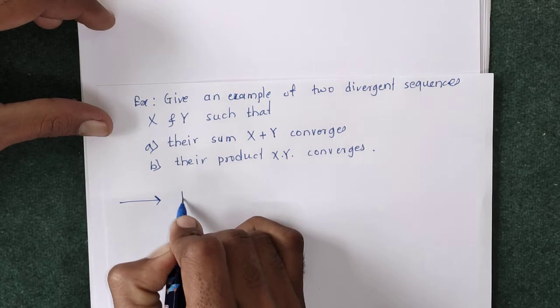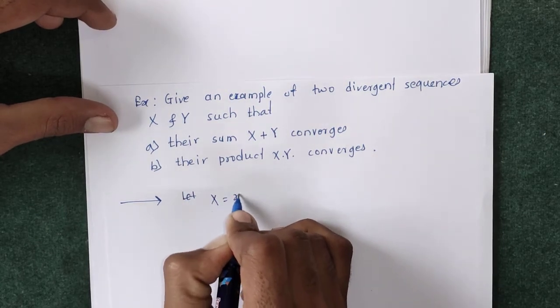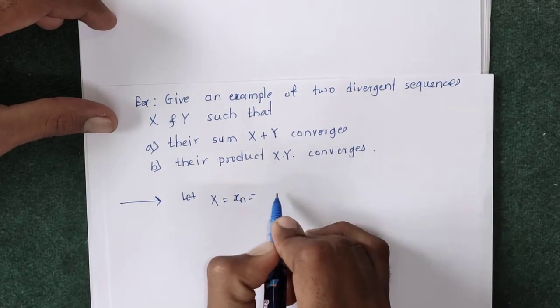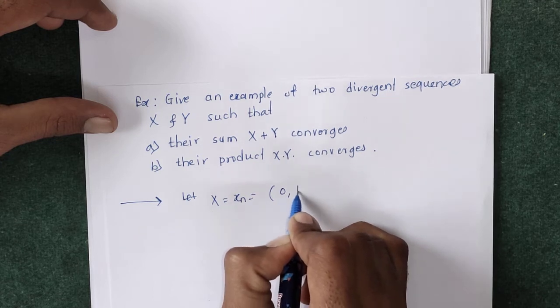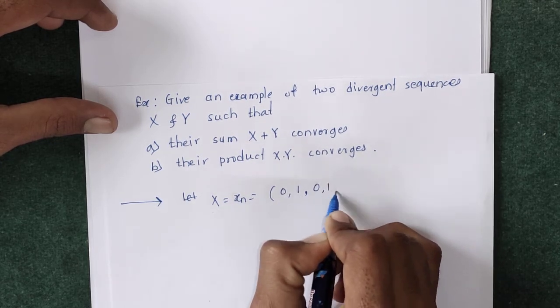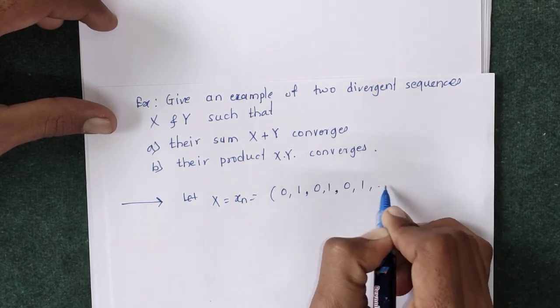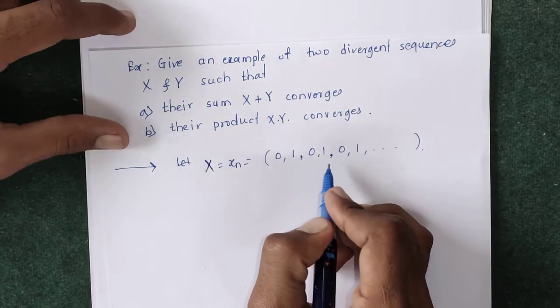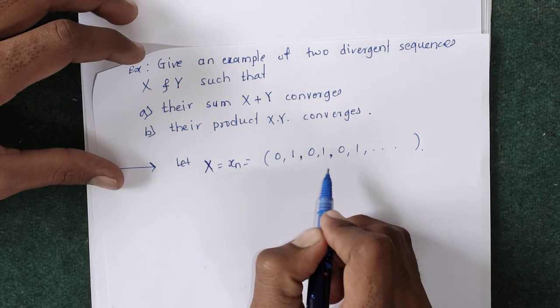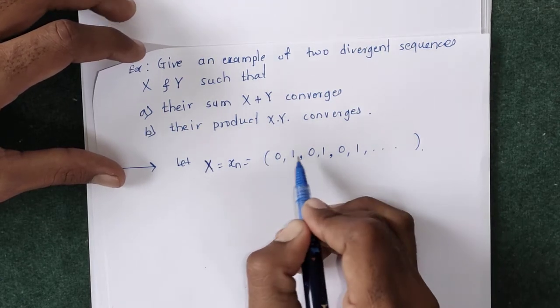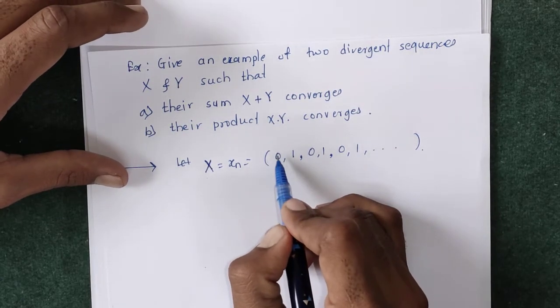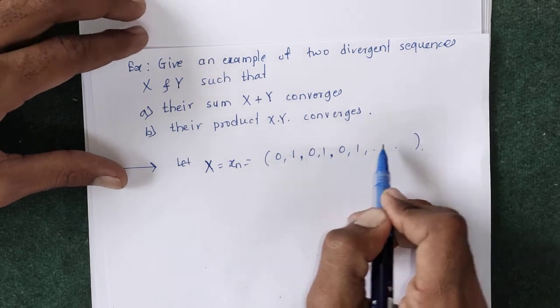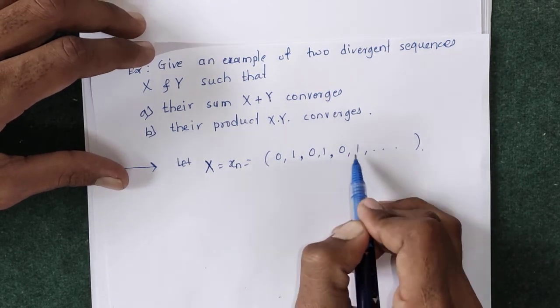Now, if we take x equals the sequence xn, suppose 0, 1, 0, 1, 0, 1 and so on, then clearly this sequence is divergent because there are two subsequences of this sequence. You can clearly say that 0, 1, 0, 1, 0, 1 does not converge to a particular limit.